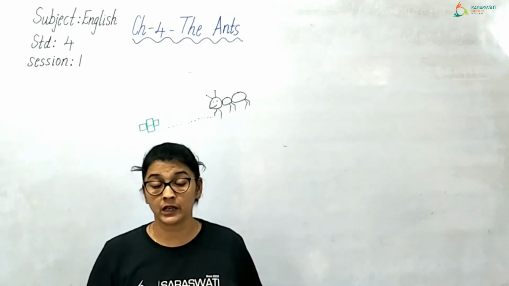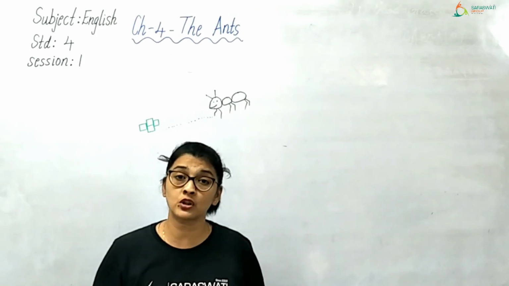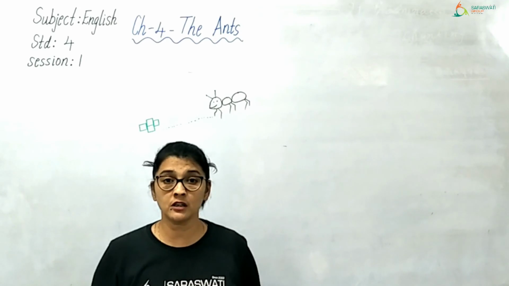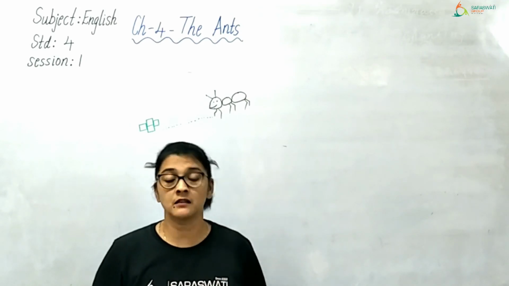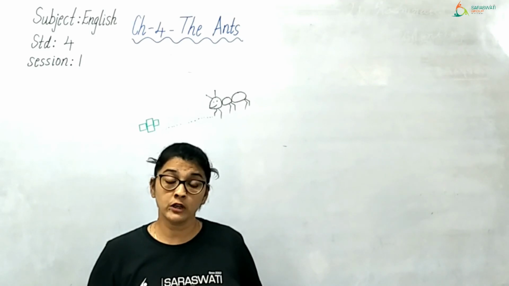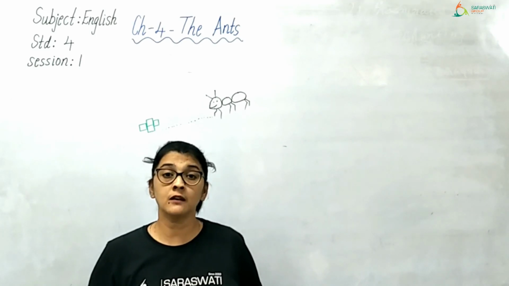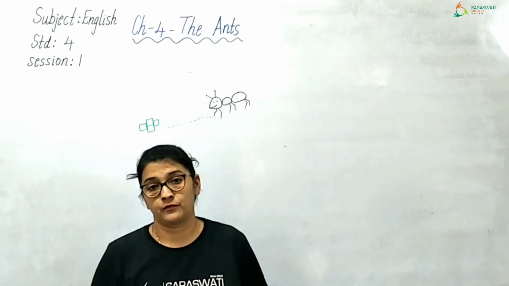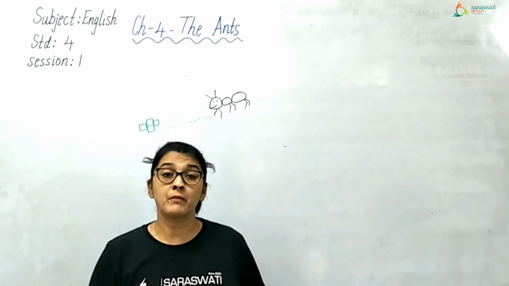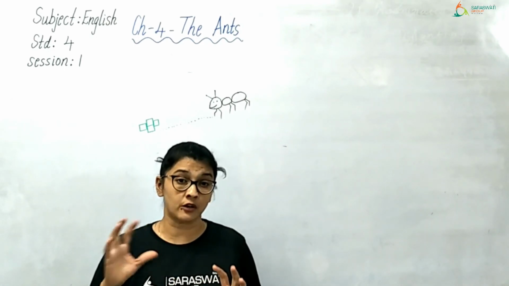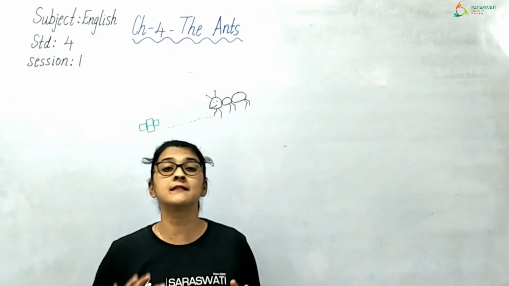Okay? As you know, there are 2 ways of doing the worksheet. First one, you can take the printout of the worksheet and write the answers in the worksheet itself. Or, if you are not going to take the printout, you may copy this worksheet in your rough book. Okay? But mind that if you are choosing the option of copying in the rough book, copy only answers.